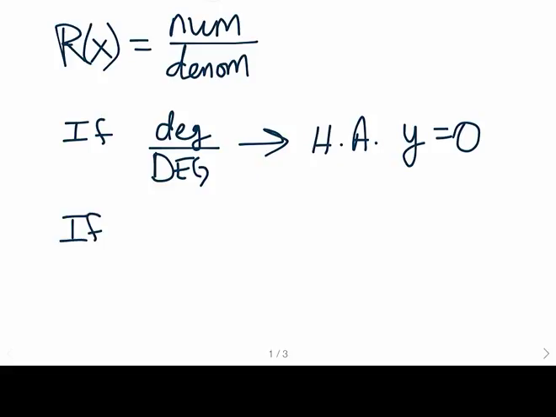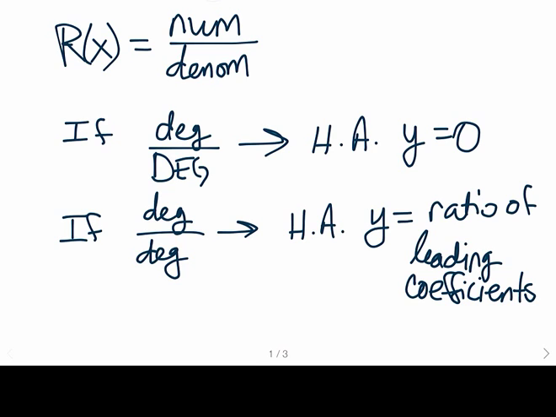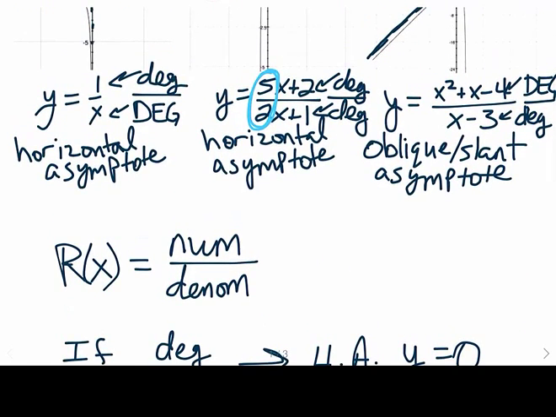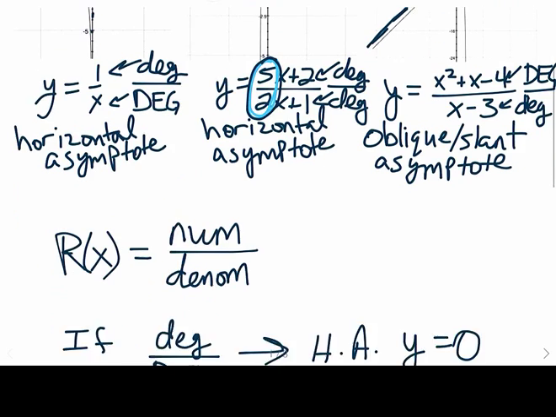If the degree of the numerator is the same as the degree of the denominator, then we still have a horizontal asymptote, but now all of a sudden it's y equals the ratio of leading coefficients. And that's what we saw in the second graph. The leading coefficients were 5 and 2. That ratio is 2.5.